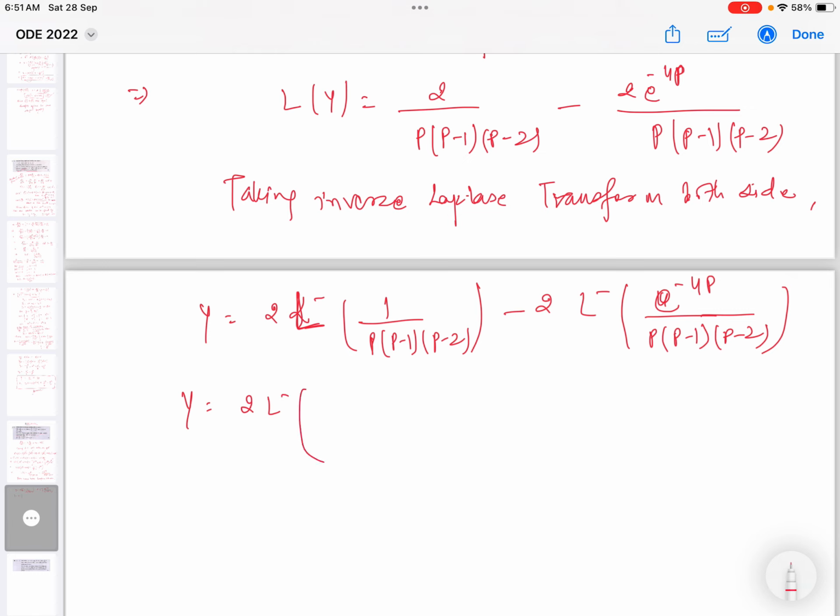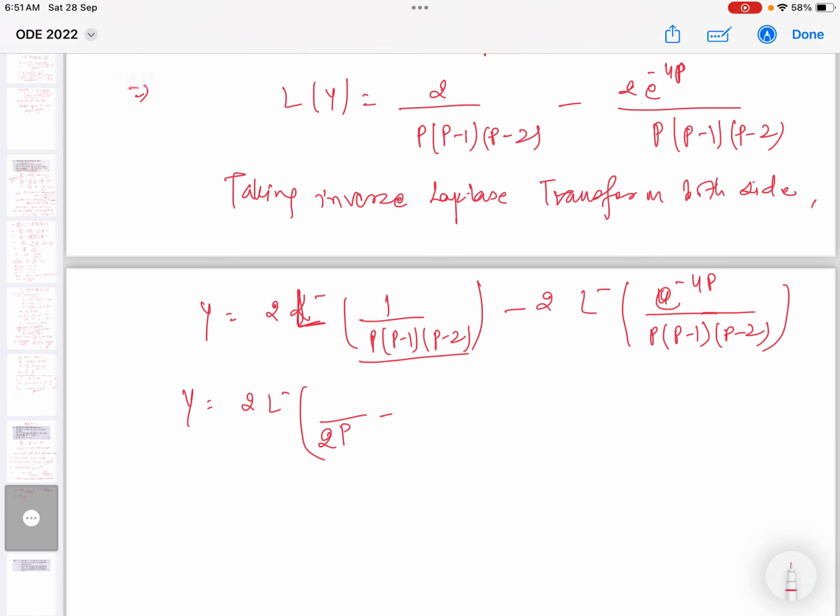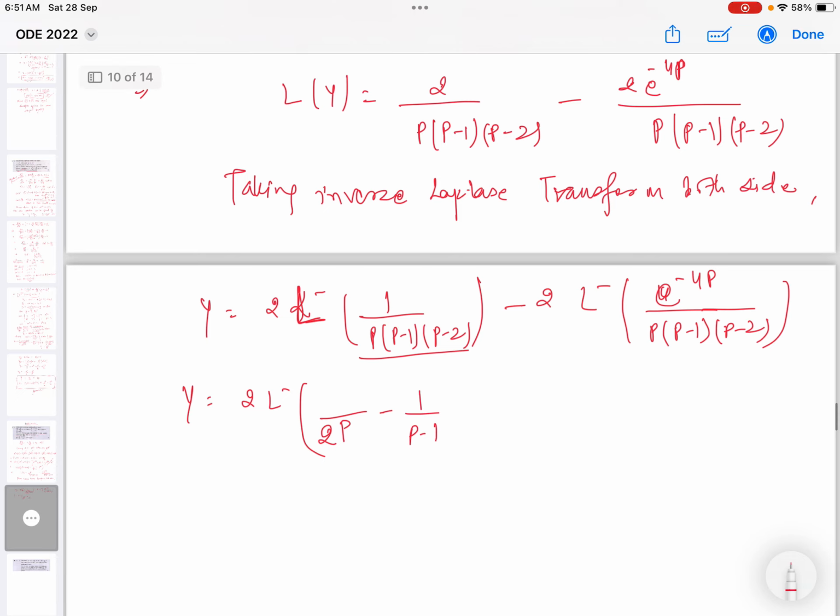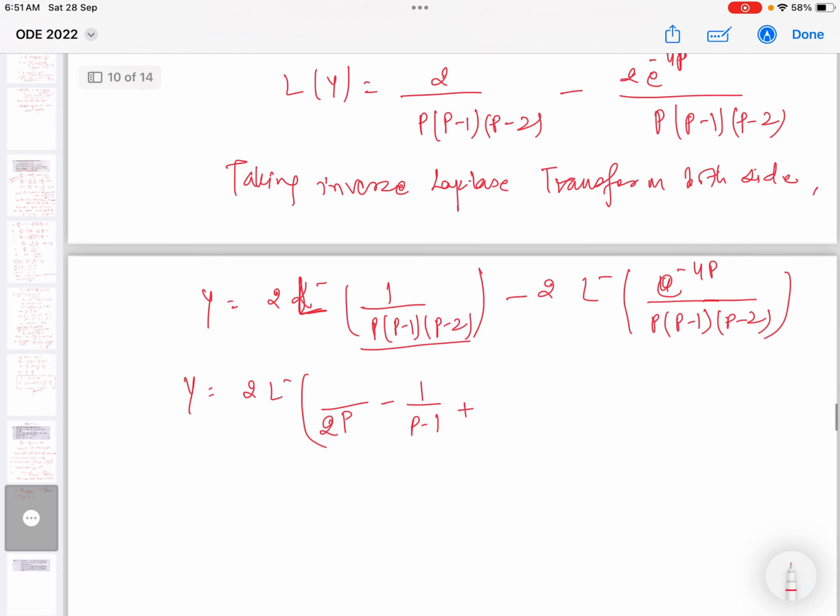I have already discussed how we factorize such kind of thing in the previous video, that is ODE 2023. A similar question was asked, so I had factorized through tricks there. You may watch that video to get a grasp of how we do that. If you put p equals 1, then it will become, and so on.